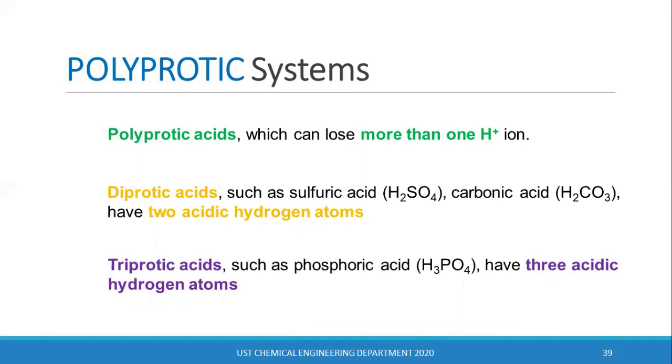The analysis of acids or bases becomes more complicated as the number of acidic hydrogen atoms increases. Fortunately, for the succeeding discussions, specifically calculations, we will focus only on monoprotic acids. Monoprotic acids are those which contain only one acidic hydrogen atom.